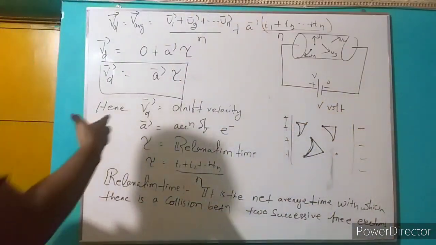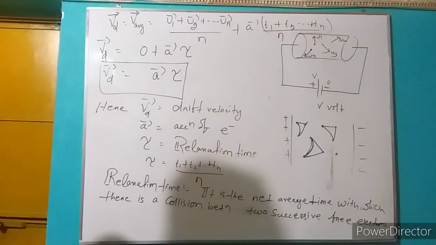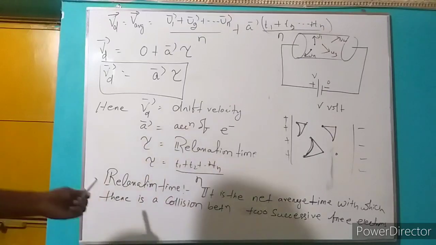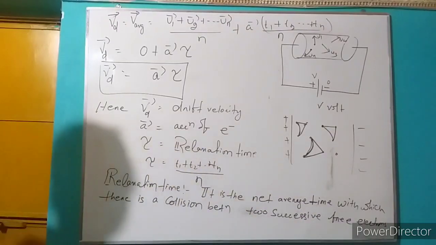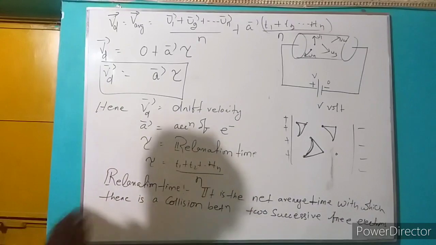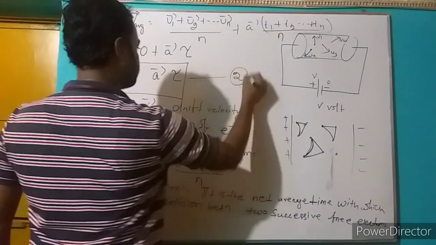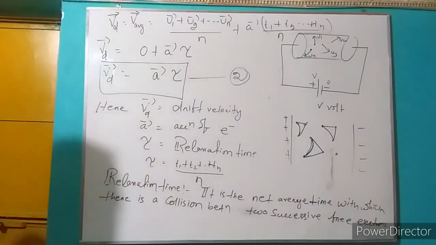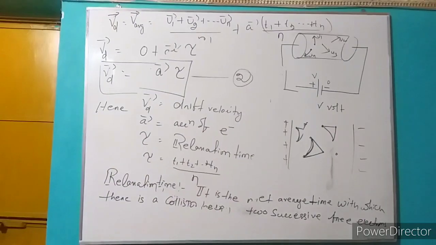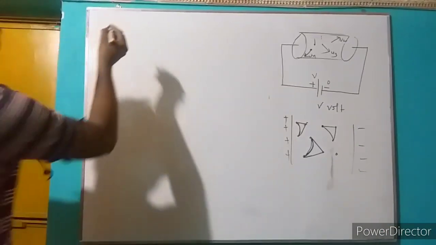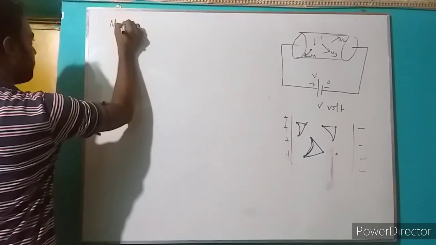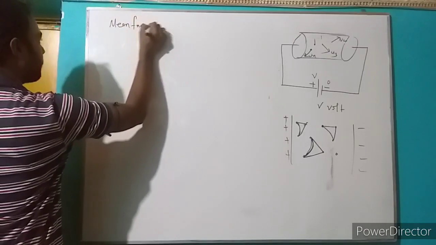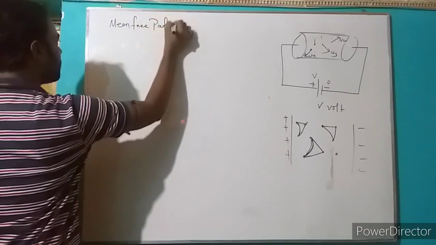So please note it. After that I'll discuss the mean free path and write it clearly. Please note it. This is equation number 2. Note it: mean free path. So what do I mean by mean free path?